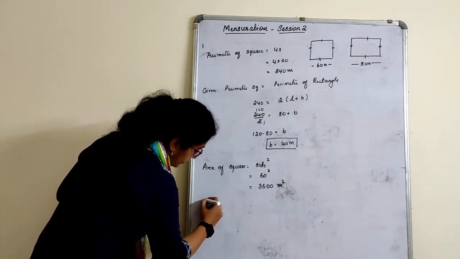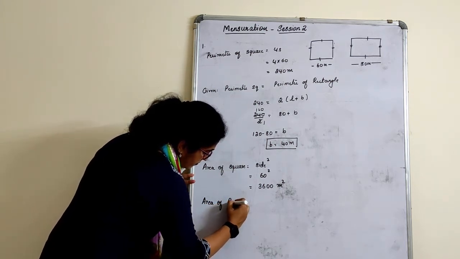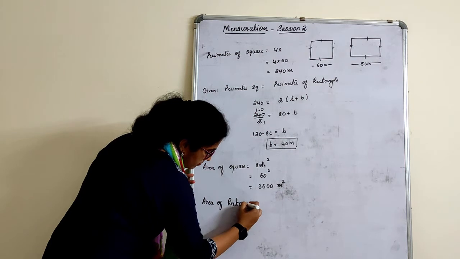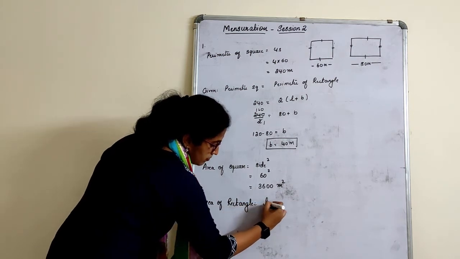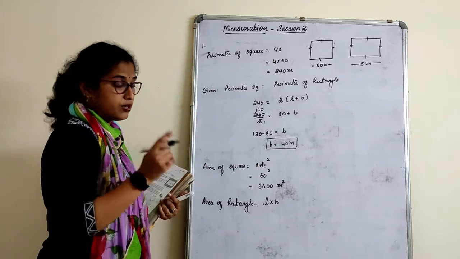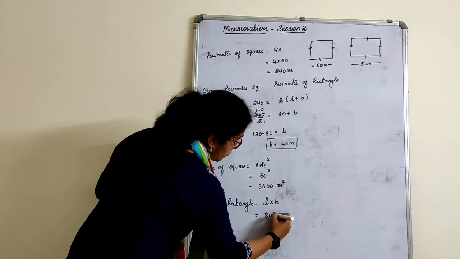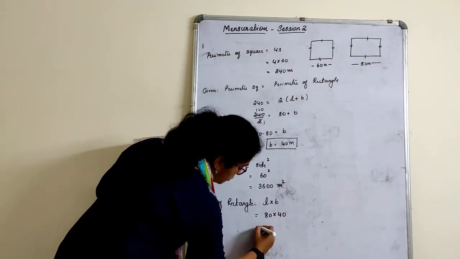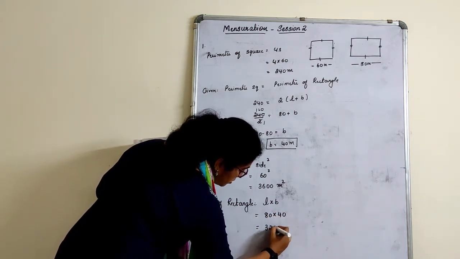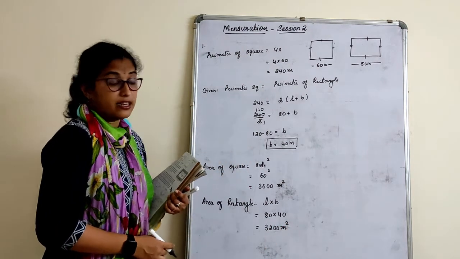Next we have to find the area of the rectangle, length into breadth. Just see the steps which I have followed. Try to follow the same steps. What is length? 80. What is breadth? 40. 8 4s are 32, so 3200 meter square.